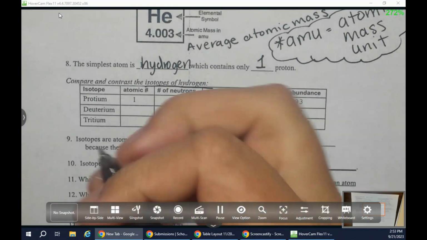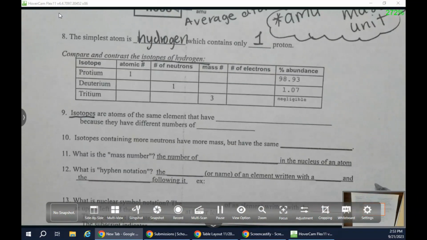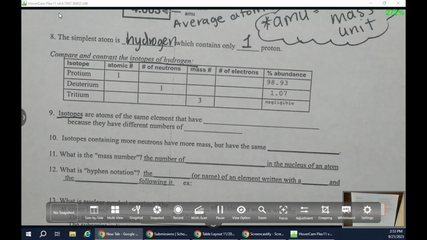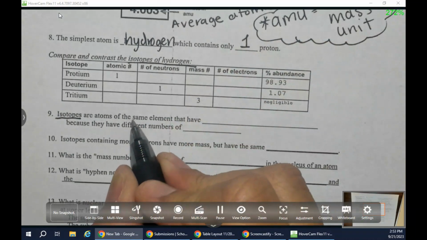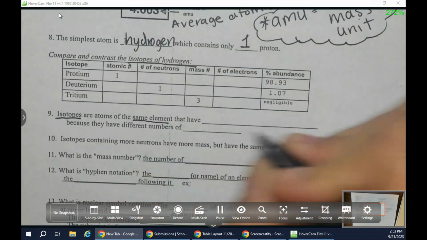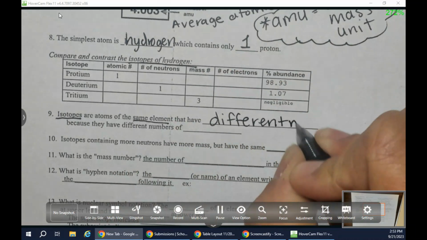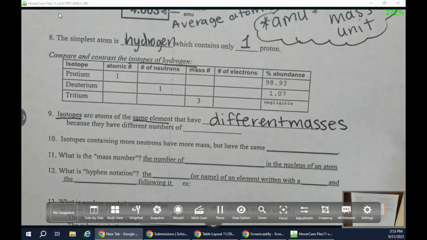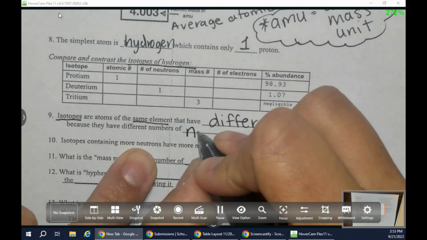Isotopes, this is a key word. This is one of your vocab words. You probably haven't heard of that one yet. But isotopes are atoms of the same element that have different masses. This is because they have different numbers of neutrons.